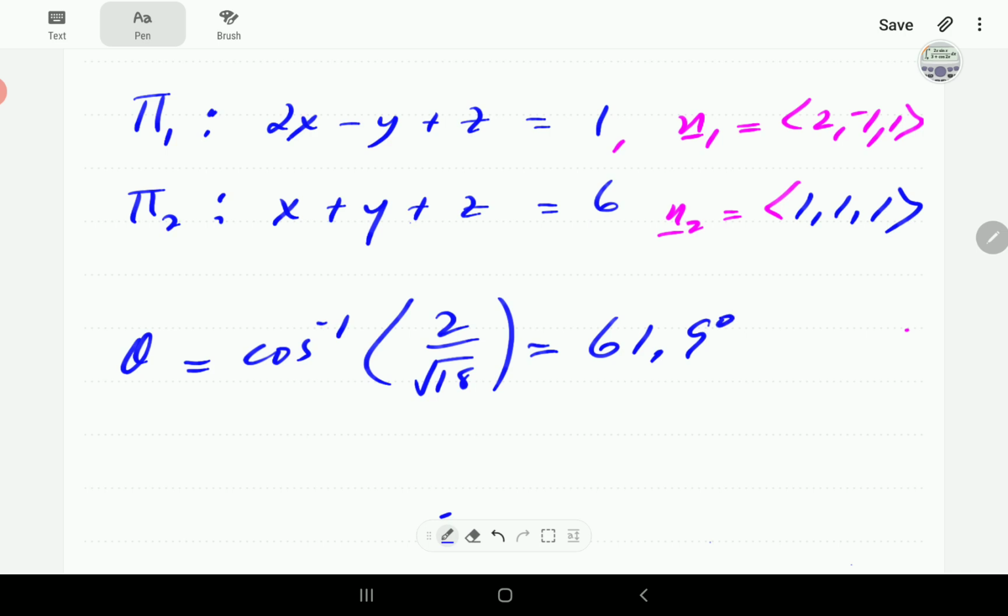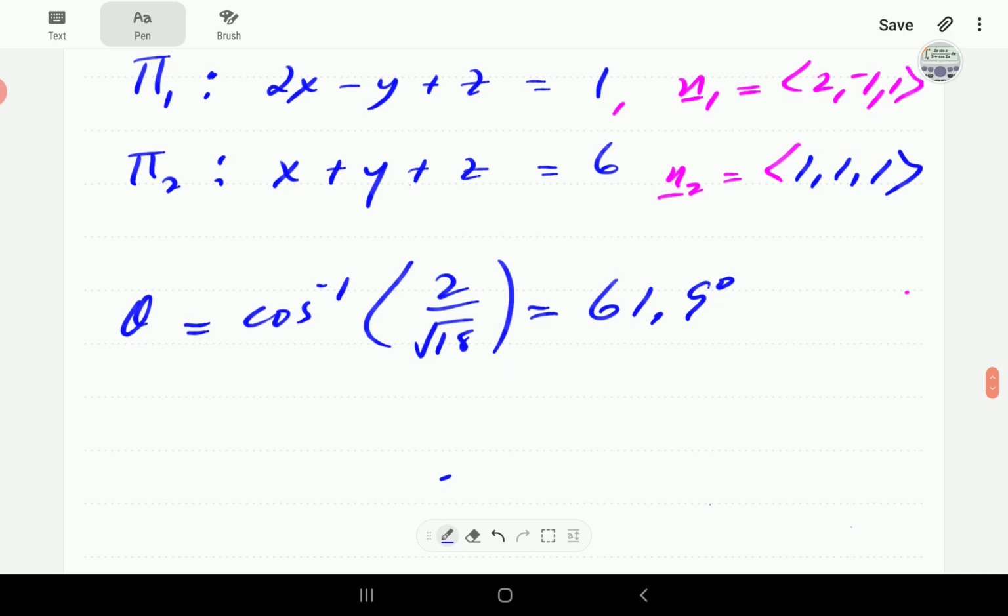And then for the line of intersection, we have again two equations, 3 unknowns. That sounds like we are going to have a problem, because it sounds like our system is overdetermined. Actually the correct term technically is underdetermined.